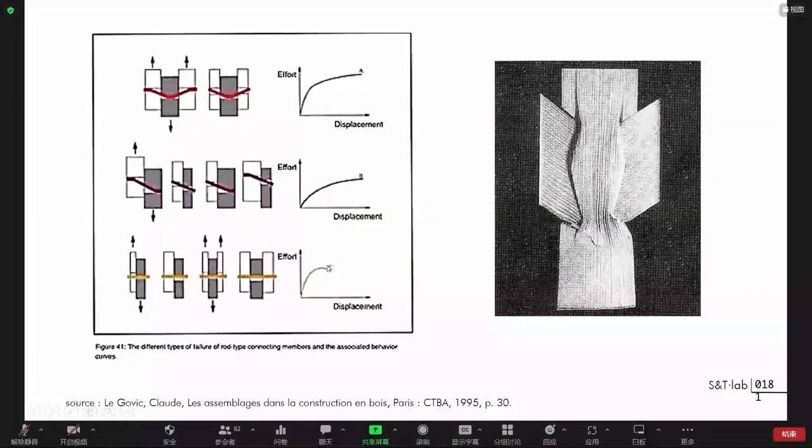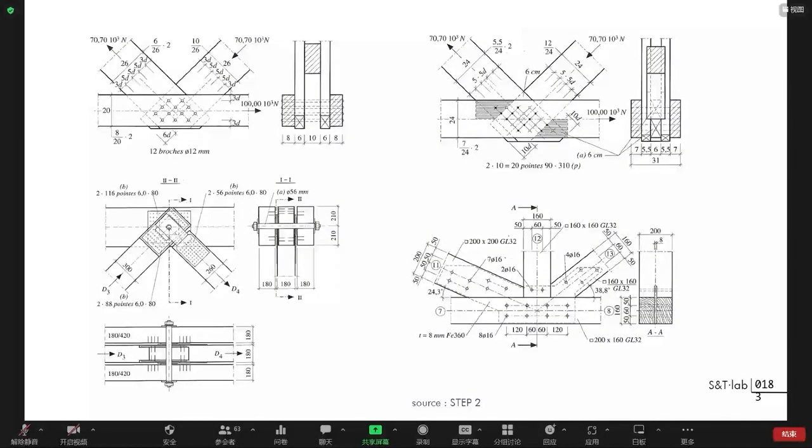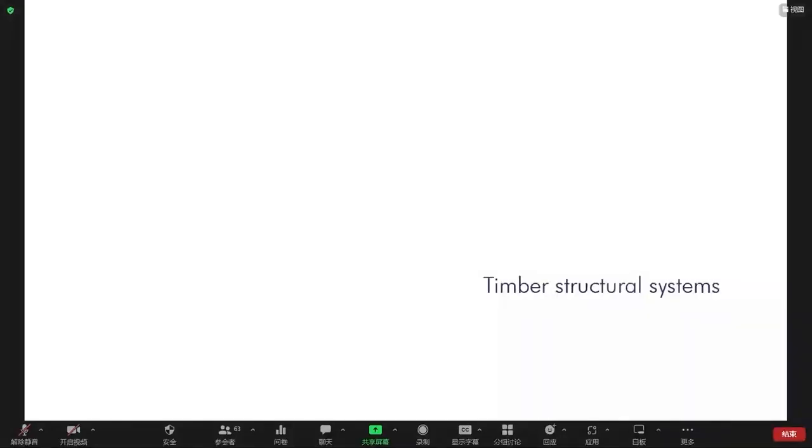To characterize this a lot, if you compare a connection made with glue, in a stress-strain diagram, so you have deformation here, or if you compare to nails, you can see that nails could develop very plastic behavior, but very fragile behavior if you are using glue between members. Dowels and bolts are in between. So you have to be attentive to this if you want to deploy a good structural behavior against robustness. And more examples of this kind of connection.